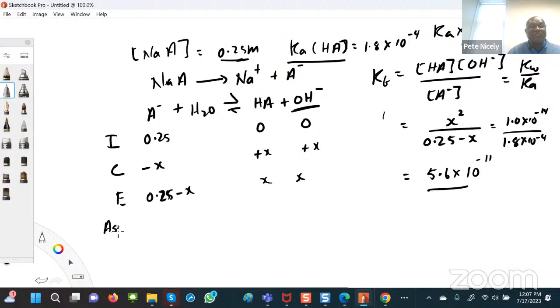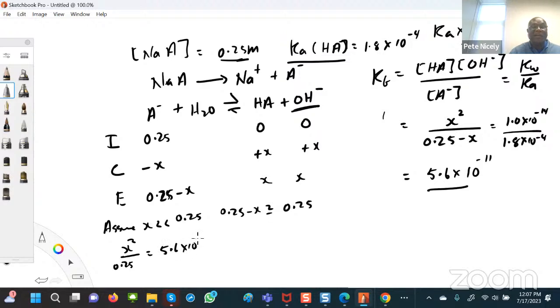Again, we assume that X is much less than 0.25, which means that 0.25 minus X is approximately equal to 0.25. So that will simplify this equation to X squared over 0.25 is equal to 5.6 times 10 to the minus 11.